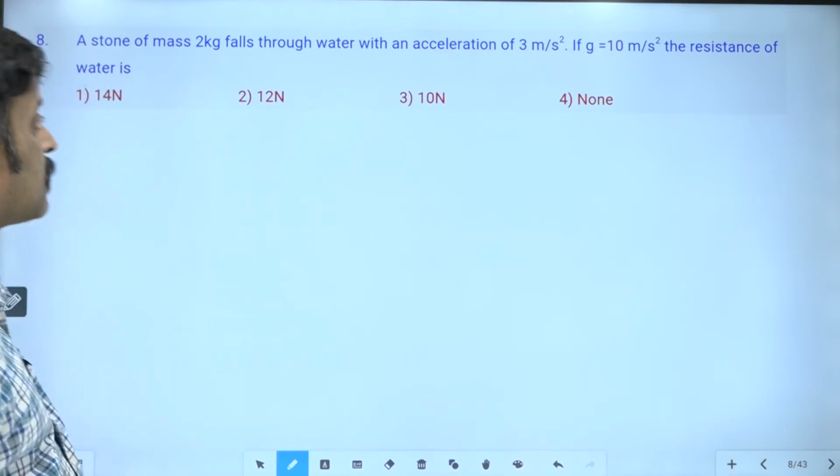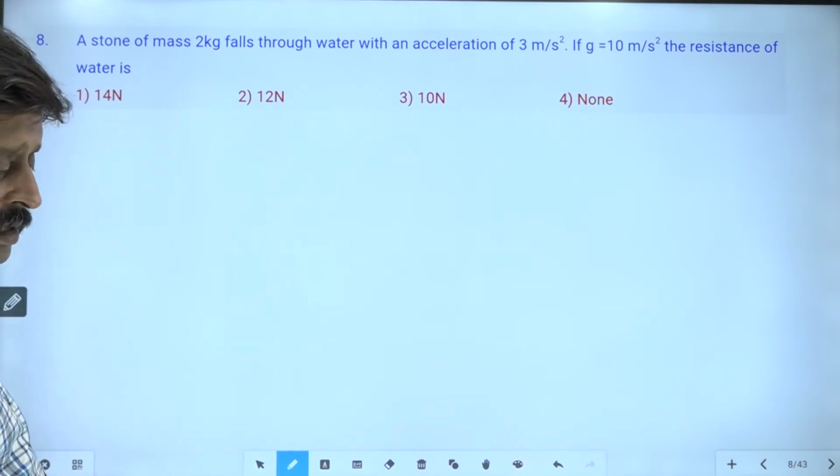If g is 10 meter per second square, what is the resistance of water?